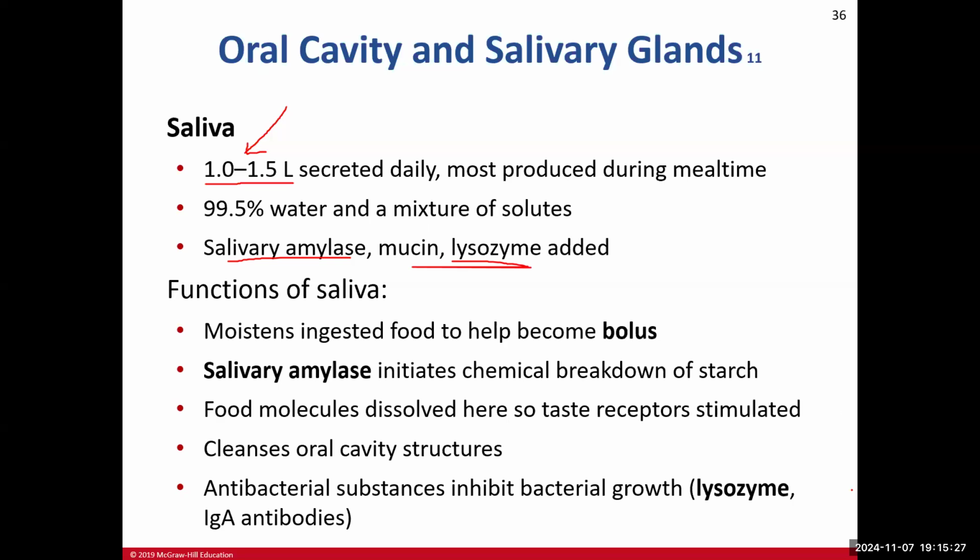As we transition from that solid food, we start to form this structure called the bolus. And that bolus is going to help with the swallowing process. So we move from this big chunky thing, whatever it is that we took a bite out of, to something that's a little bit softer.